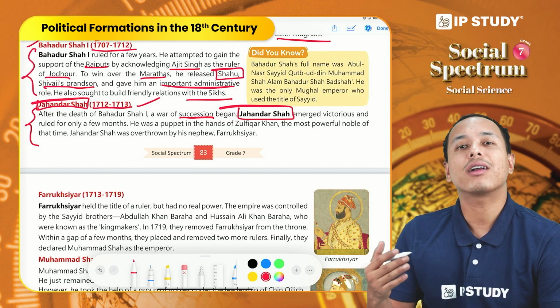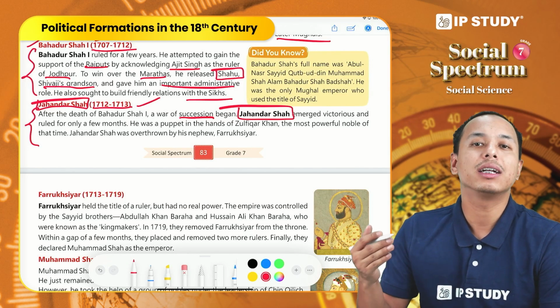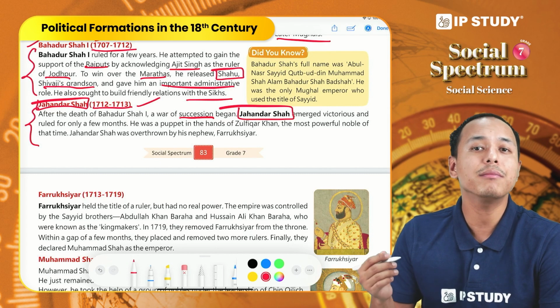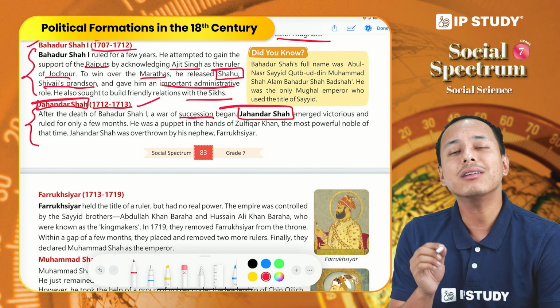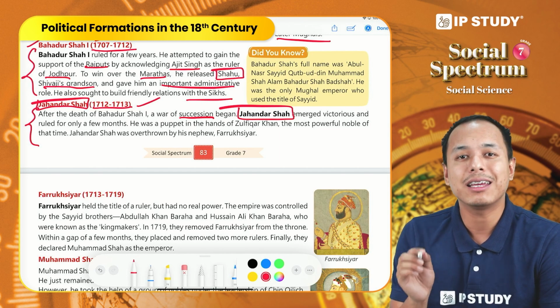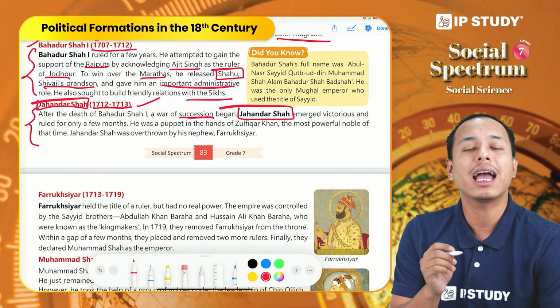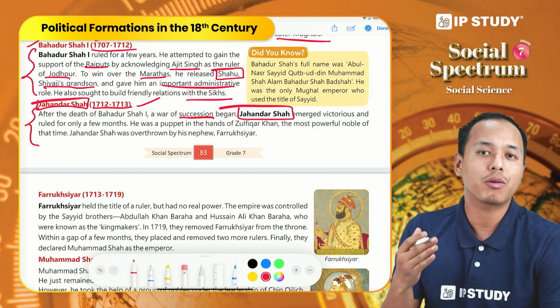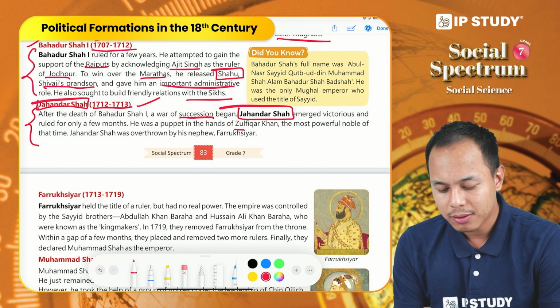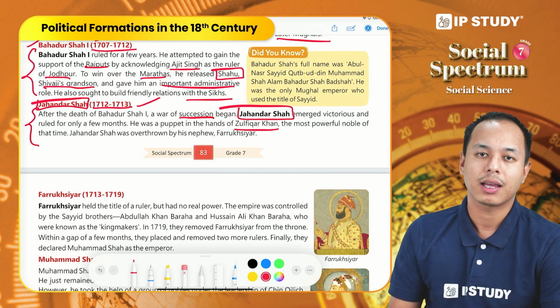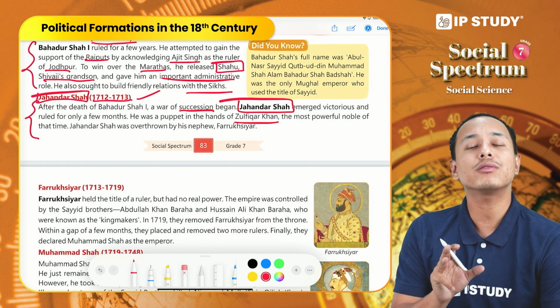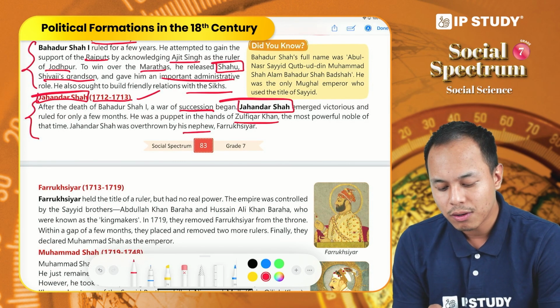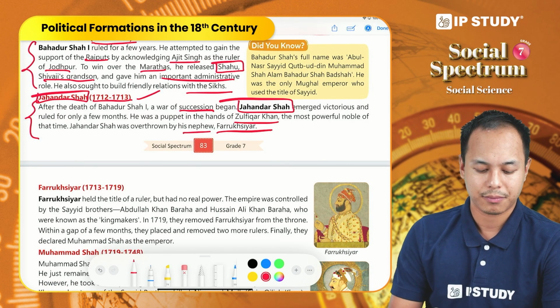There was a war of succession regarding who would take the throne, and Jahandar Shah became victorious and became the ruler. However, he was just a ruler in name. He was actually a puppet in the hand of one of the most powerful nobles at that time, Zulfikar Khan. And Jahandar Shah ruled for a short time and was overthrown by his nephew Farrukhsiyar.